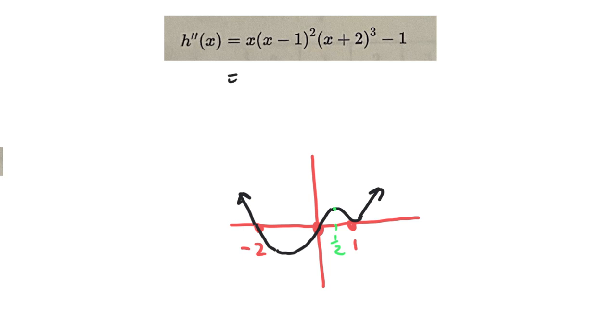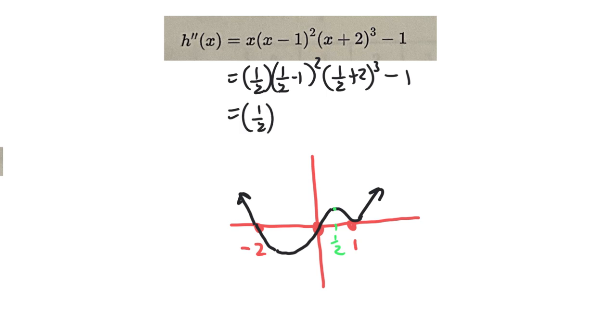So I'm probably talking too much. Let's just dive in. I think you agree we're looking at this. Beginning the process, we have 1/2 times 1/2 squared times 2.5 cubed, which is really 5/2 cubed.